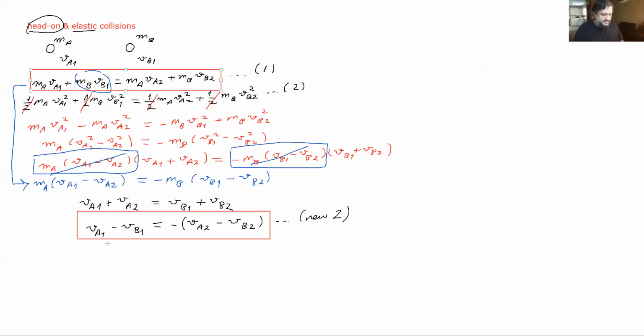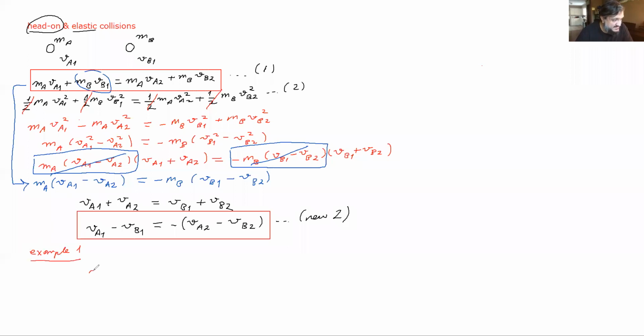So let's solve an example, a head-on elastic collision. To make it even simpler, let's take MA and MB equal to the same number, like they are in billiard balls. So example 1.